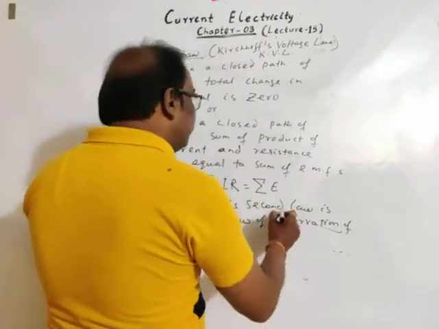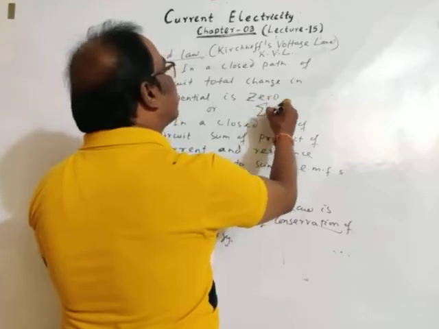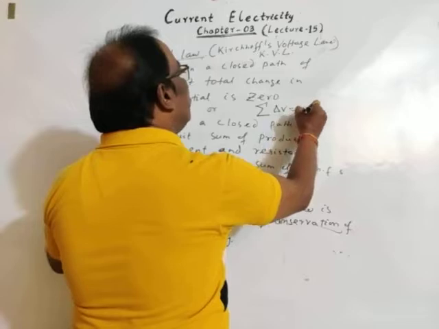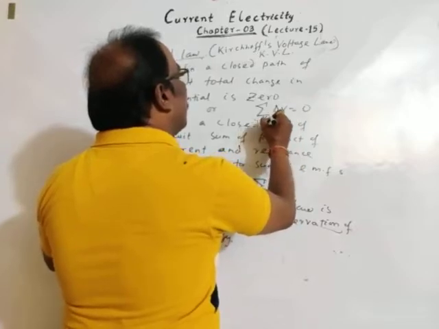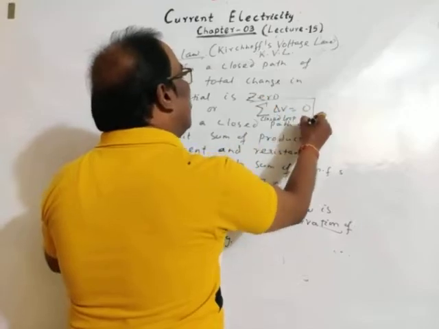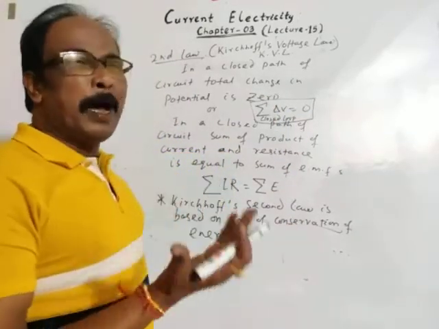Of course, in mathematical form, you may write that the total change in volt is zero for a closed loop, that is, a closed path of circuit.